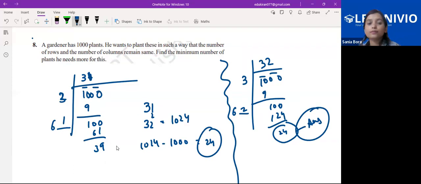I usually prefer this one because of the difference. Over here you are getting the remainder which is greater than the question, right? So of course you cannot take this as the answer. But in this scenario, if you take a bigger number than this, for example, I took 32, which is 1024, which is greater than 1000, so I got 24 and this 24 is less than the question.